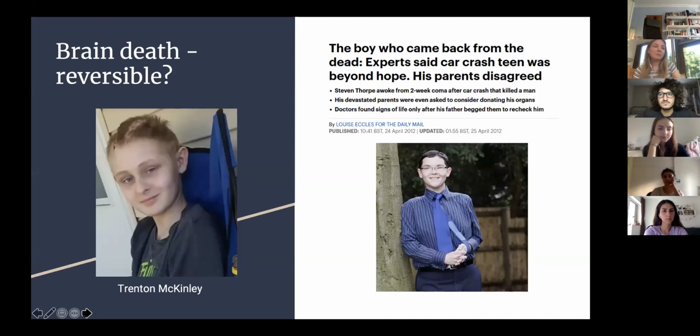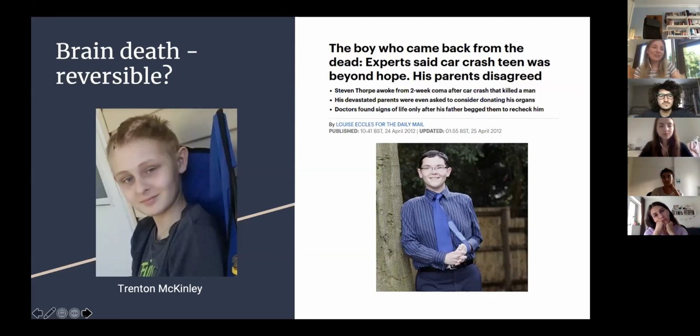And also talking about the second case, the guy on the right, whose name is Stephen Thorpe, when he was 17 years old, he was in a car accident in Great Britain in, I think, 2012, and he was diagnosed brain dead after 2 days in the hospital. However, his parents wanted a second opinion and asked an external neurosurgeon for help, who found faint signs of brain activity.